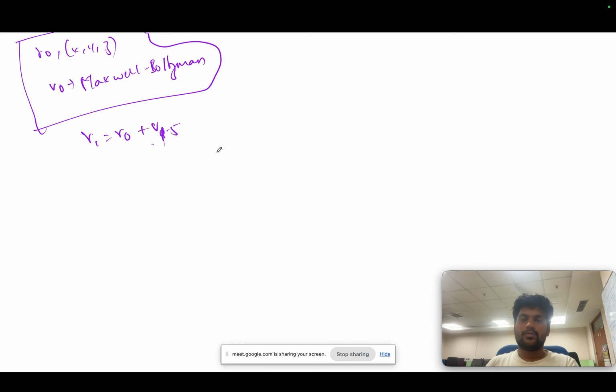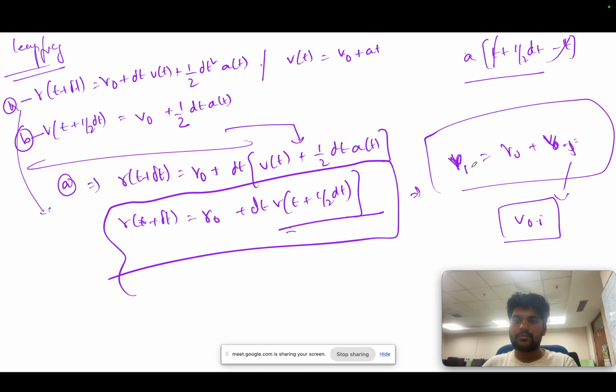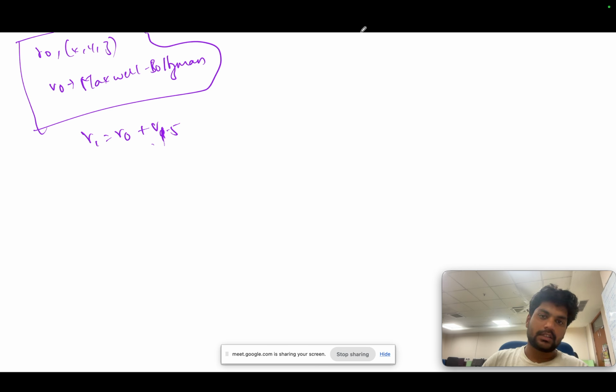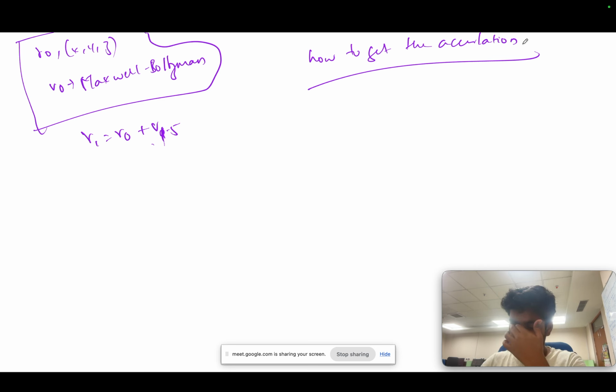Now if you see this one, here we have the acceleration term, even in Verlet also we have the acceleration term. So how to get the acceleration? Because if you are given the random velocities initially and we have the coordinates, we can get the formula, but in the formula the unknown is the acceleration.